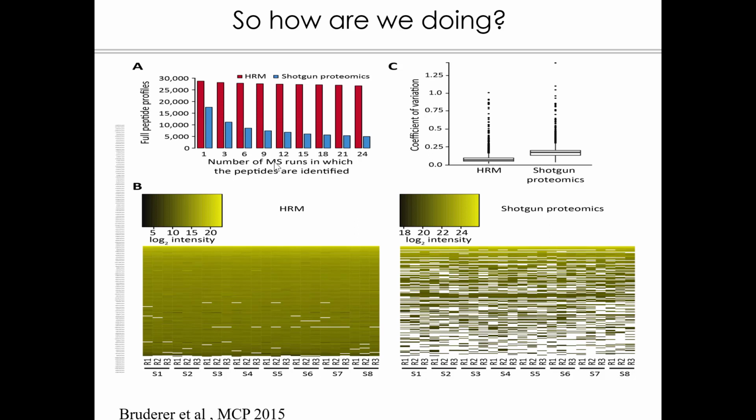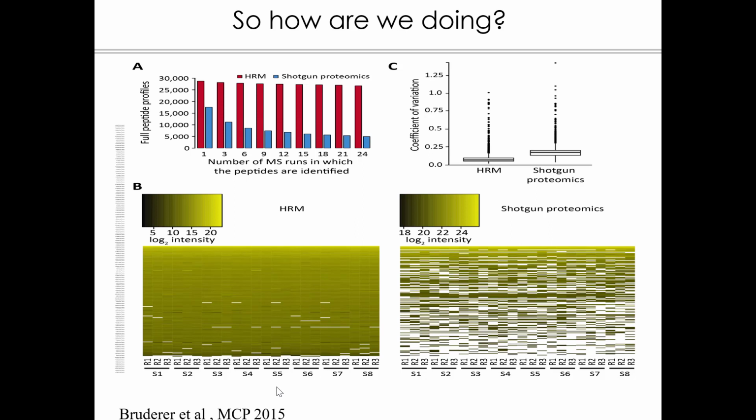This is not data from us, this is data from a spin-out company, Biognosis, who published this, and I will explain now what this slide shows. I think it's a very graphical slide and very impressive, and it will illustrate why for the generation of this data matrix we want to use DIA methods and what their performance roughly is.